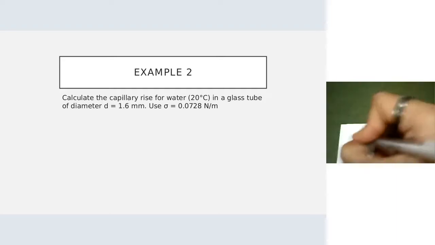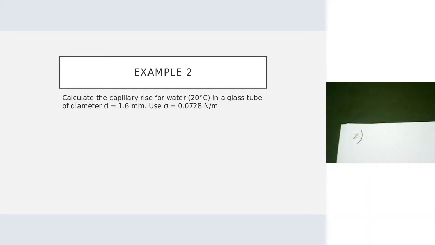Example 2. Calculate the capillary rise for water that is 20 degrees Celsius in a glass tube of diameter 1.6 millimeter. Use 0.0728 Newton per meter as the surface tension.